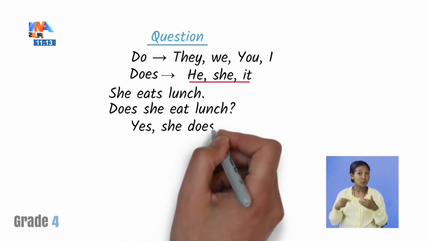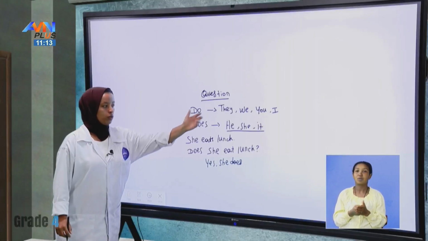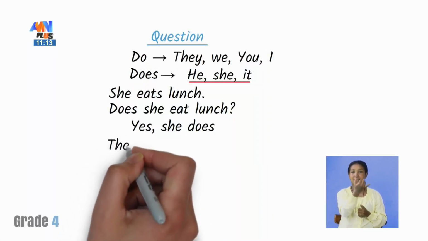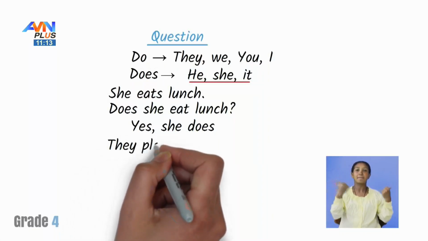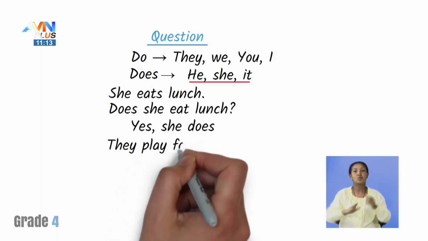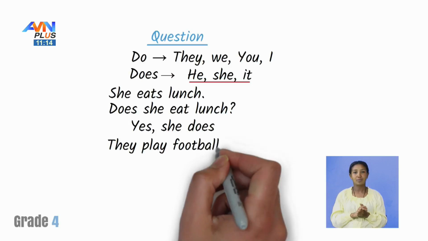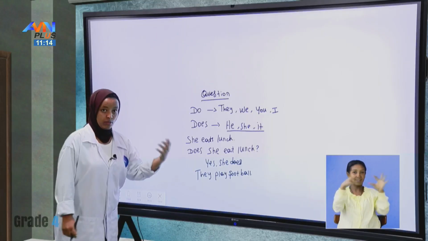Let us take one example from do for plural. They play football. This is an affirmative sentence using a plural form.